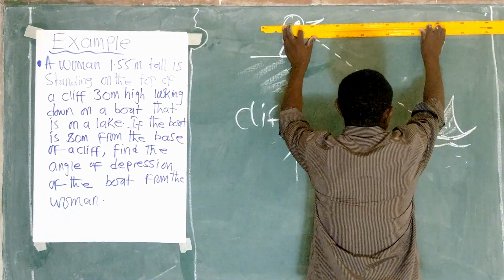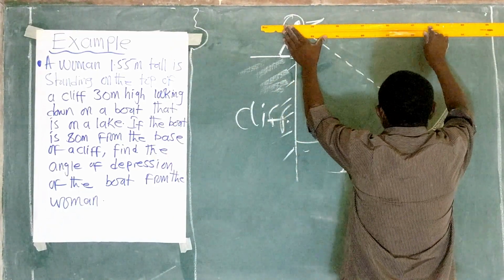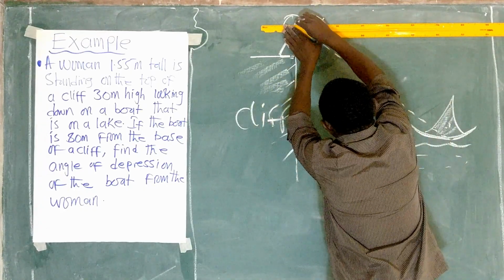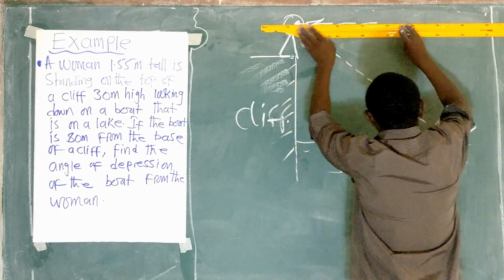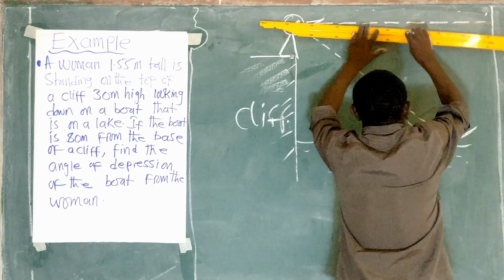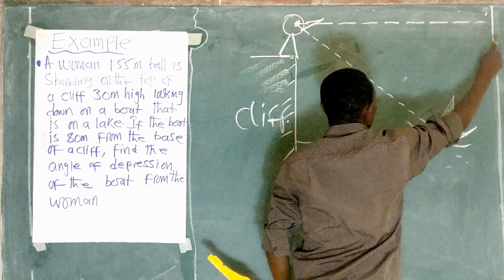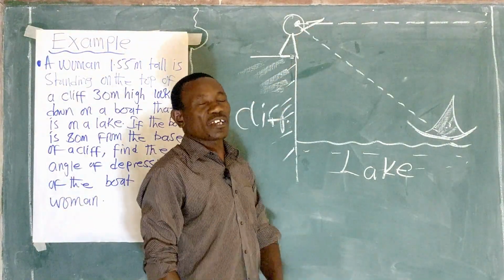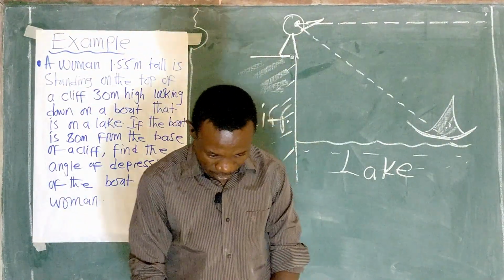Each time we talk about angles of elevation and depression, we take it for granted that the person or anything that has sight has it in a straight line. So this is a normal line of sight. But now she's interested in looking at the boat, so she has to twist her head down like this.